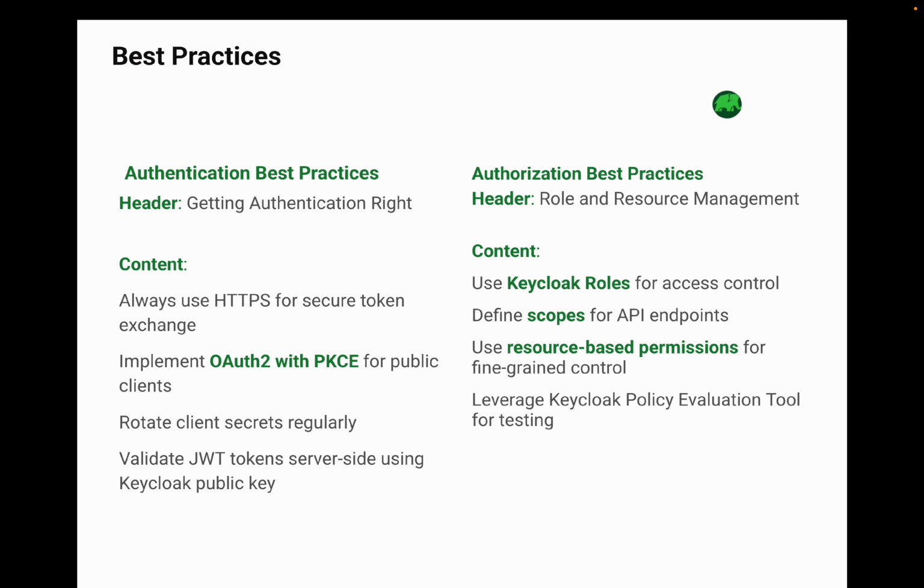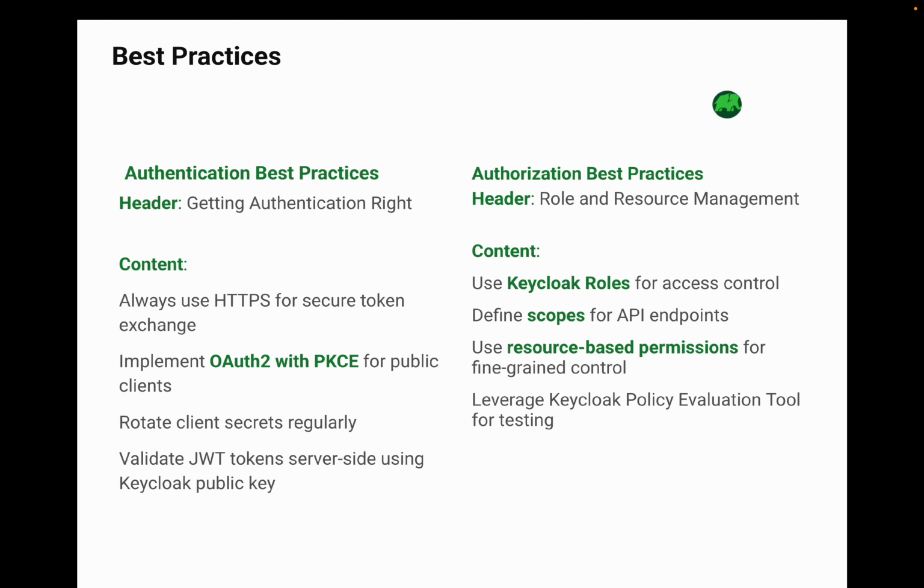Define clear scopes for each API endpoint to control the level of access granted to different applications. Resource-based permissions. Implement fine-grained control by defining permissions at the resource level, allowing for highly customized access rules. Utilize Keycloak's policy evaluation to thoroughly test and validate your authorization rules before deploying your application.